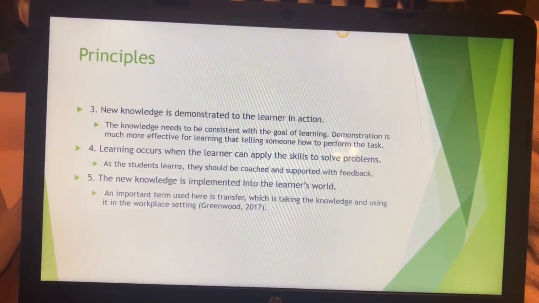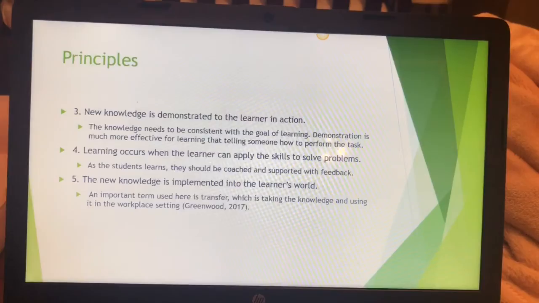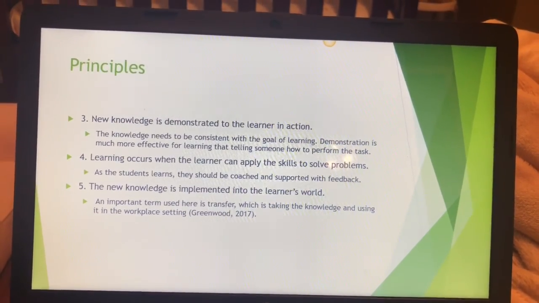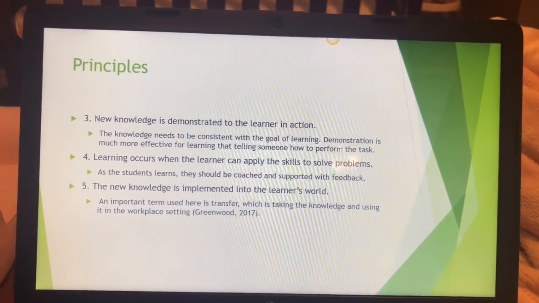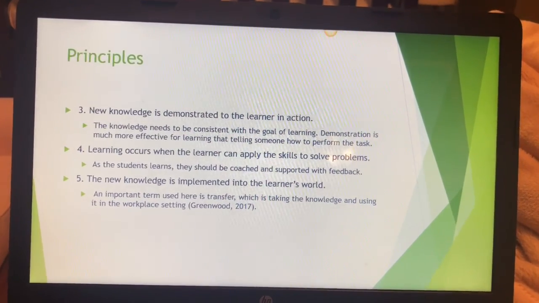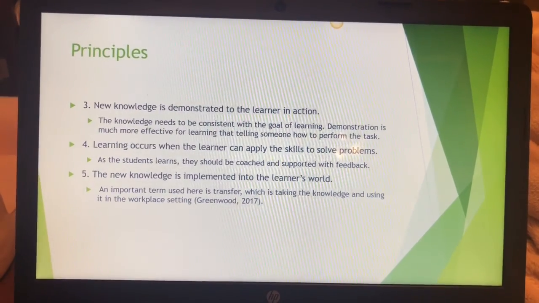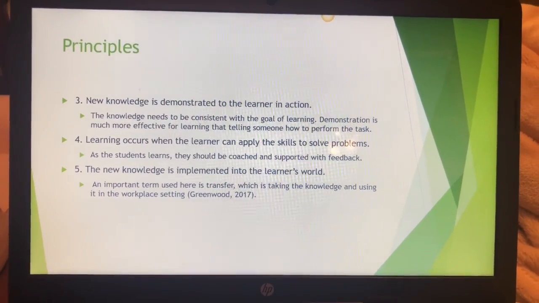The last one is that new knowledge is implemented into the learner's world. They're going to take the knowledge they learned from the training on personal bed baths or competent care at the home health agency, take this out to the workplace, and demonstrate the task in practice.